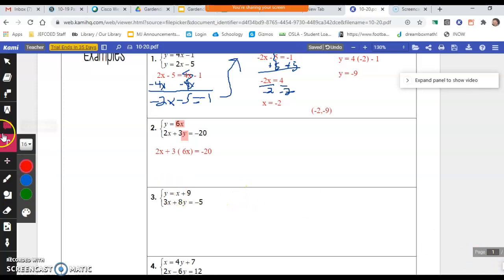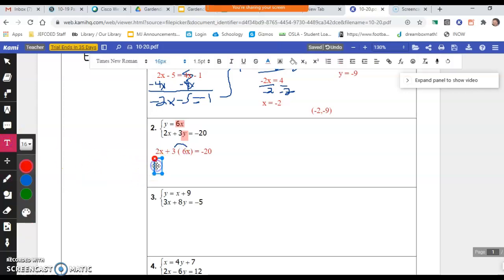Now, again, this goes back to what we did the first couple of weeks of school. 1, solving equations. 2, distributing, combining like terms. So we have to distribute the 3 to the 6x. That's going to give me 2x plus 18x. Good, and that's going to equal the negative 20.